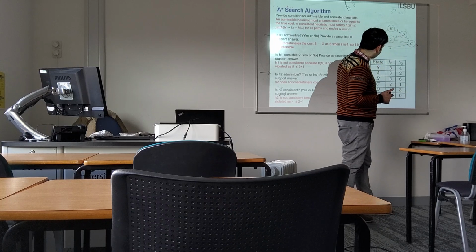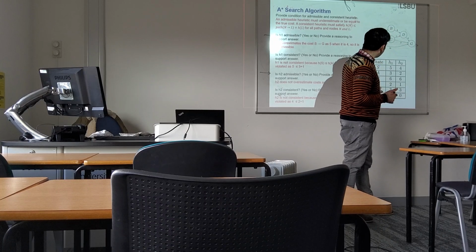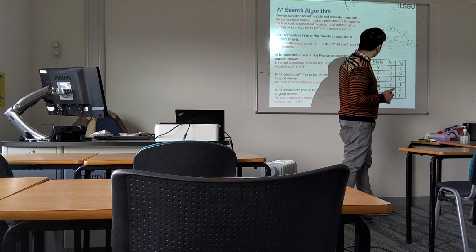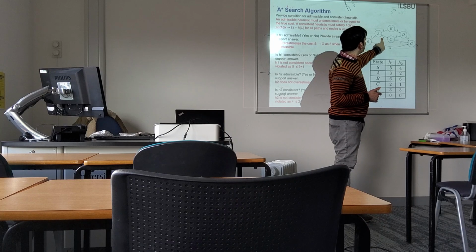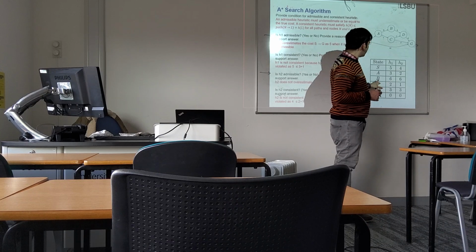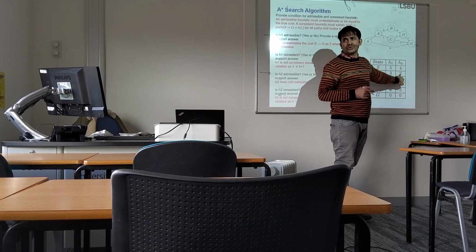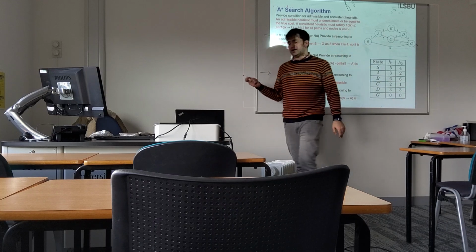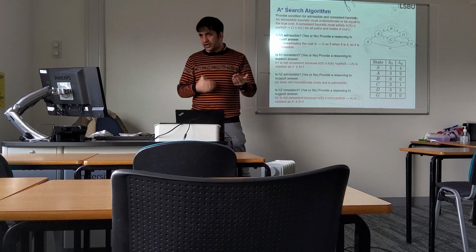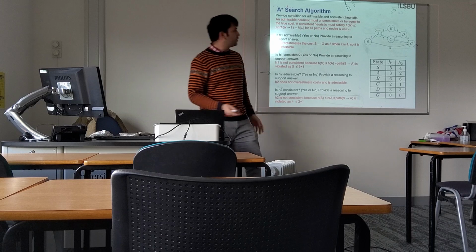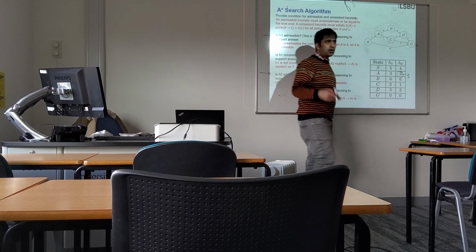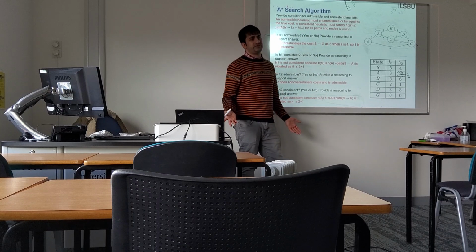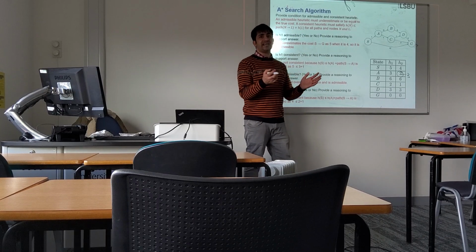So what is the heuristic value? Okay, so at A it's saying 1 plus 1 and 2, 3. So you can see the heuristic value is 2. But we said that even if it underestimates, still it is admissible. So here it was supposed to be 3, but it is underestimating, so still the heuristic is admissible.